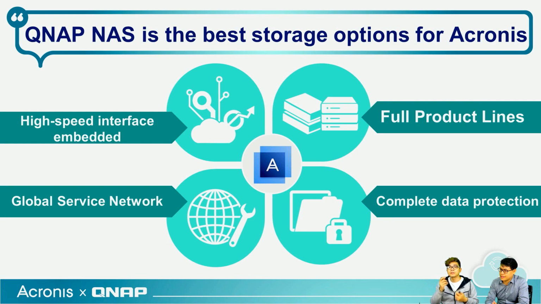Even if you are a SOHO company, studio, office, or small business, we can use Acronis to protect your backups and your data files. With flexibility from small to big, of course, QNAP supports you, providing a series of products that fit your needs, no matter if it's 1 bay, 2 bay, or over 20.